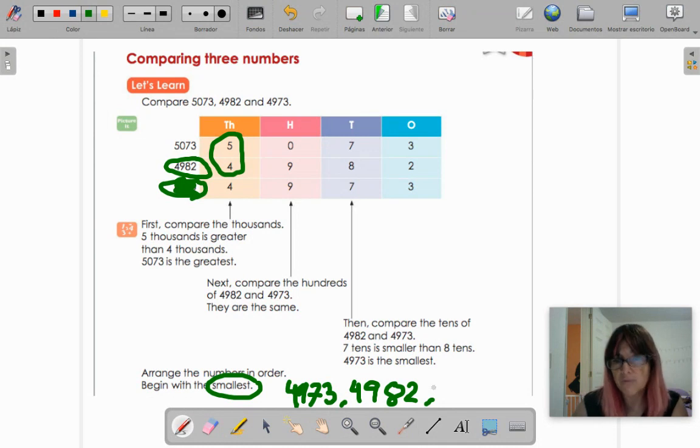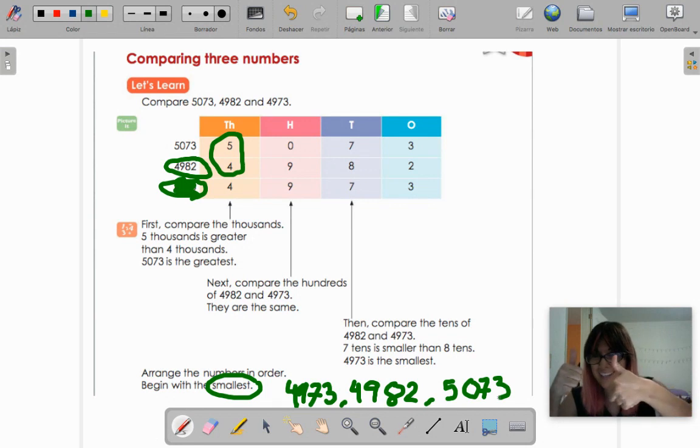And then, of course, the biggest, the next, is the last number. 5,000. Remember, here we don't have hundreds, so we don't say it. Only 5,073. Okay, was it easy?